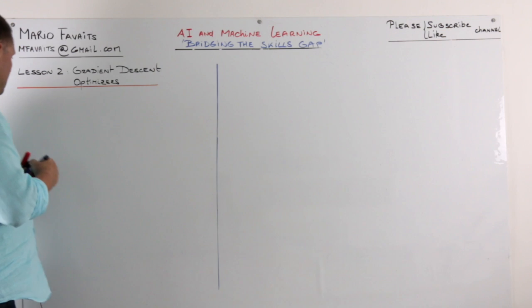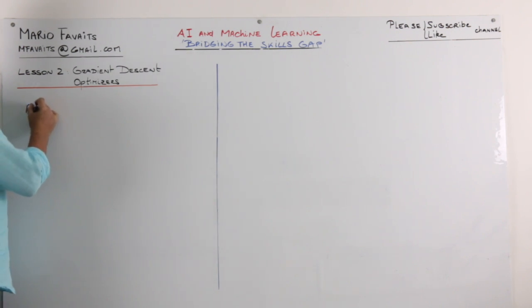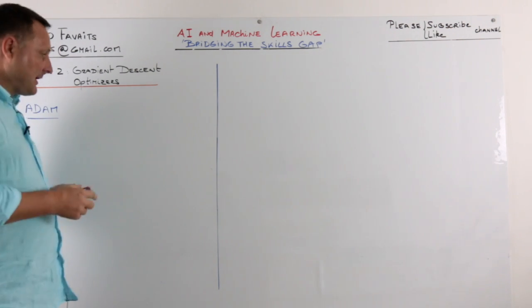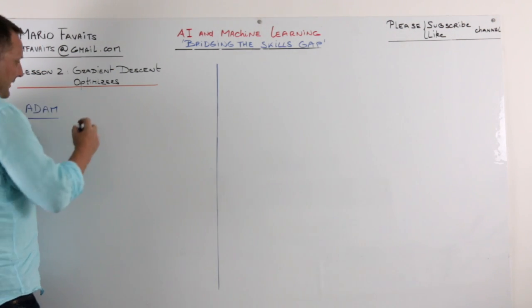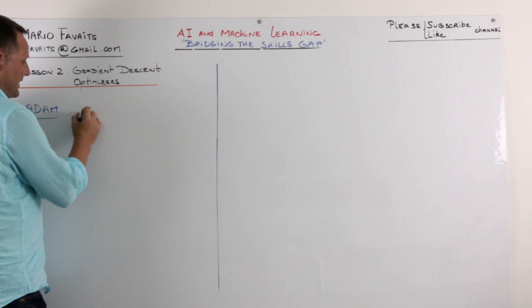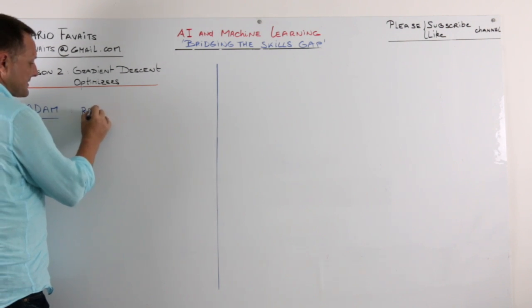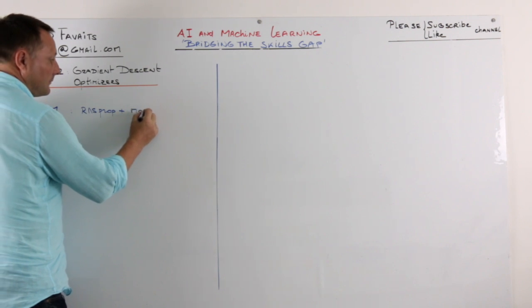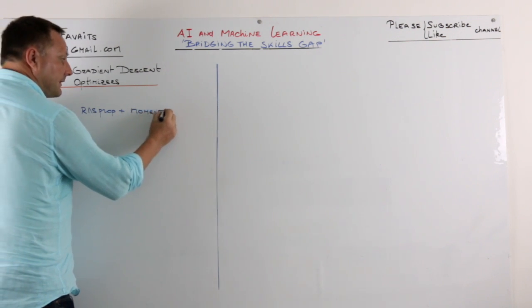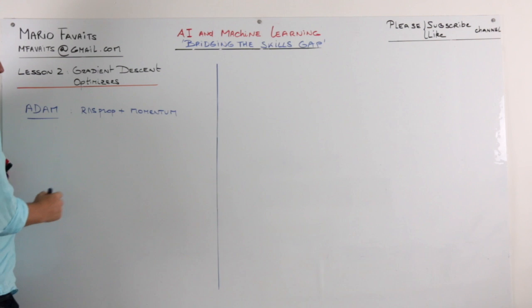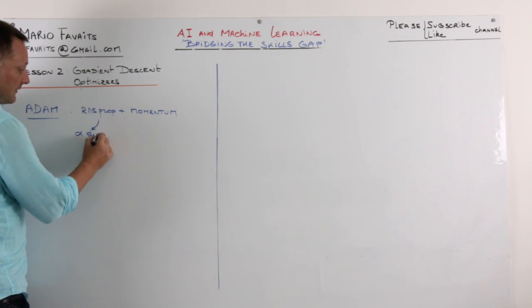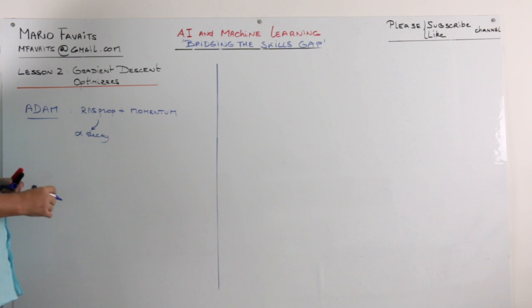Alright, let us now take a look at Adam, probably the most popular optimizer at this point. Basically it is a combination of RMSprop plus momentum. RMSprop takes care of the alpha decay, as we see.